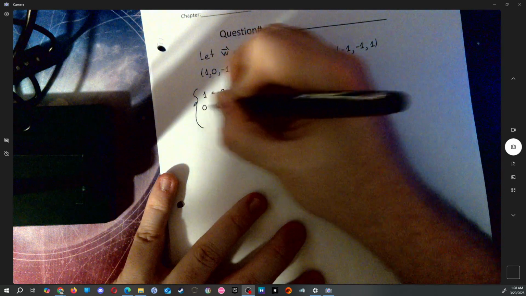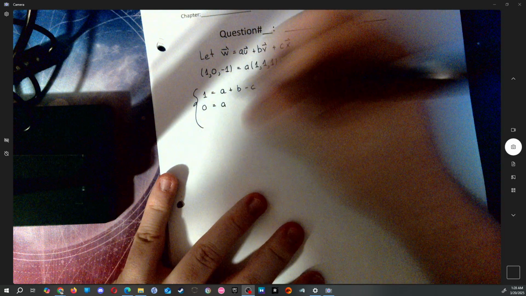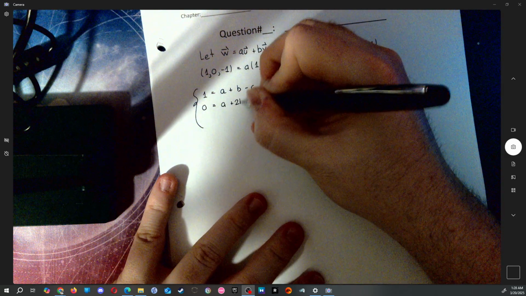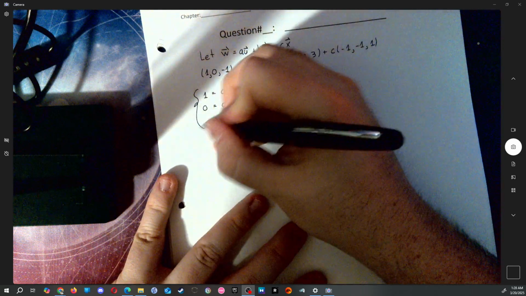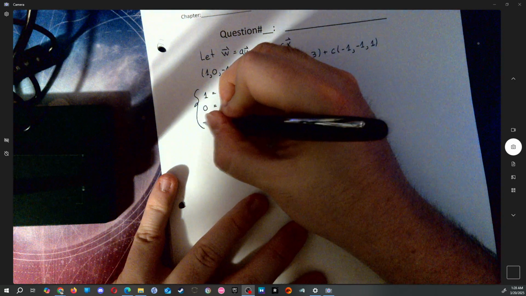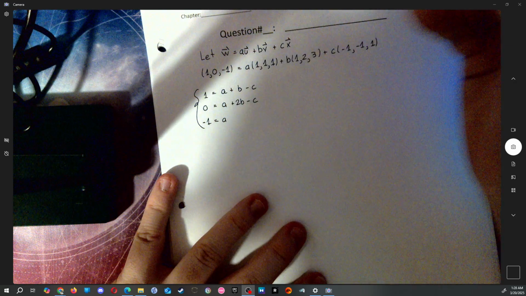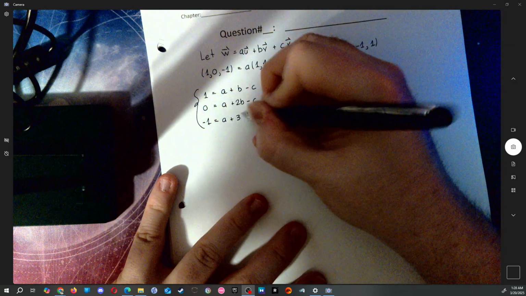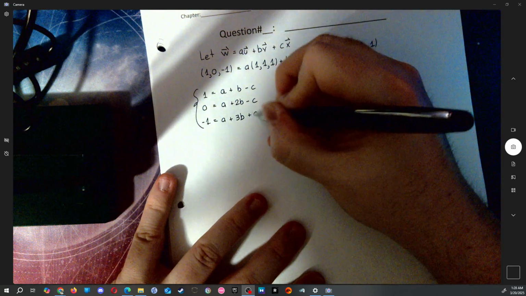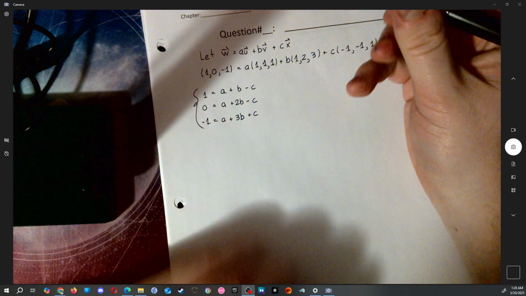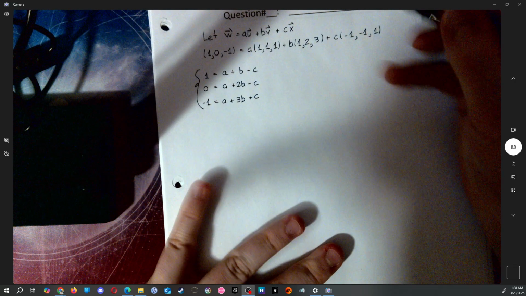Equation 2, 0 is going to be equal to a plus 2b minus c. And then last but not least, I'll have -1 is equal to a plus 3b, plus c this time, not negative. Just want to make sure I don't flip any of my signs because that would be pretty catastrophic.